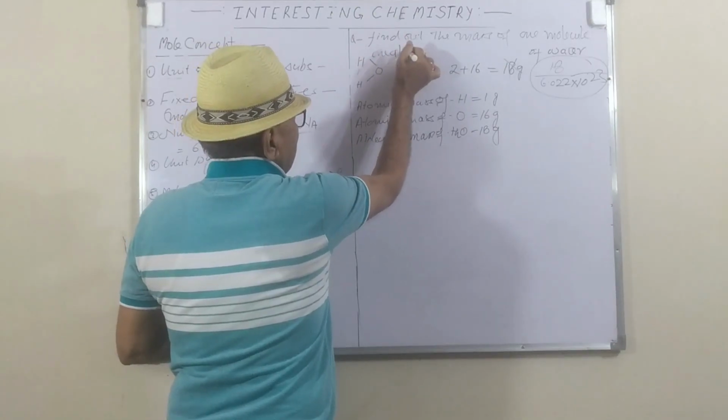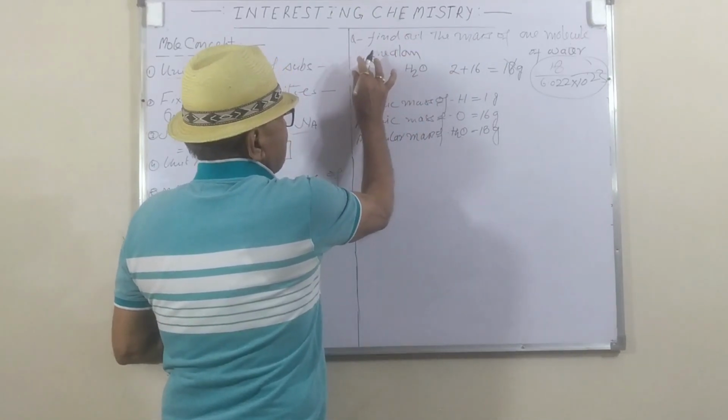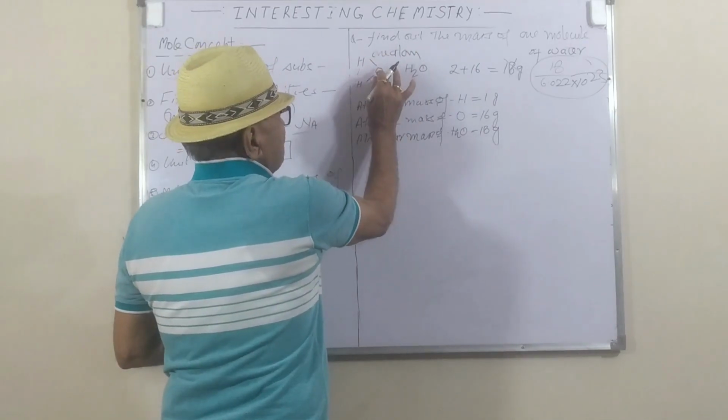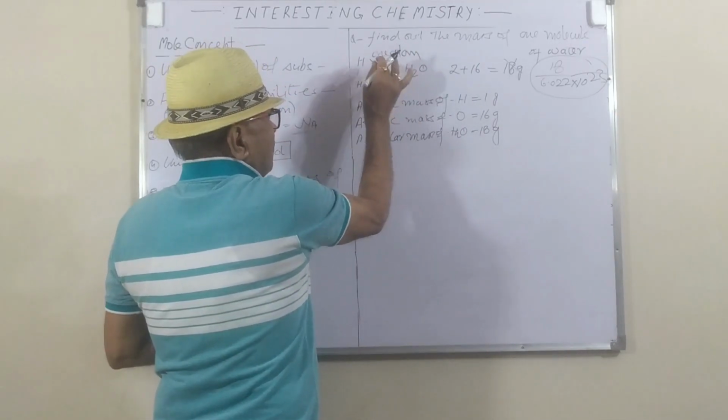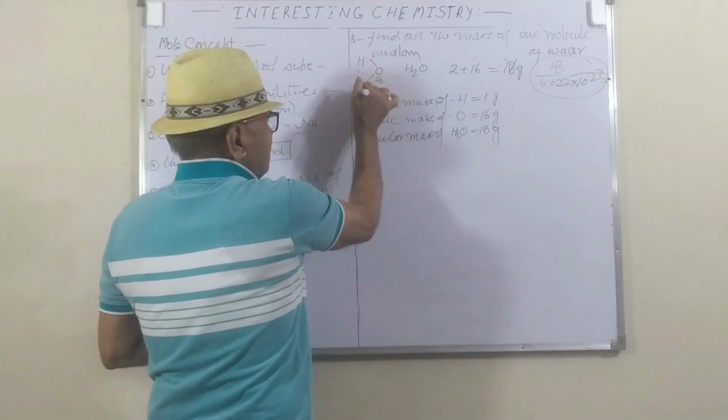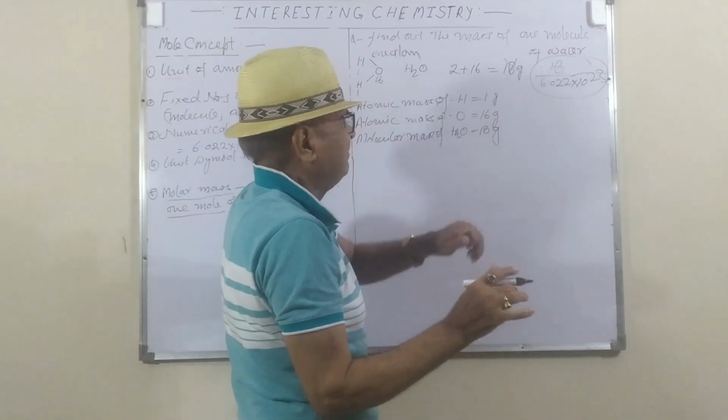This H represents in H2O 1 atom of hydrogen, and this oxygen also represents 1 atom of oxygen. So you write here 16, and the total is 18.